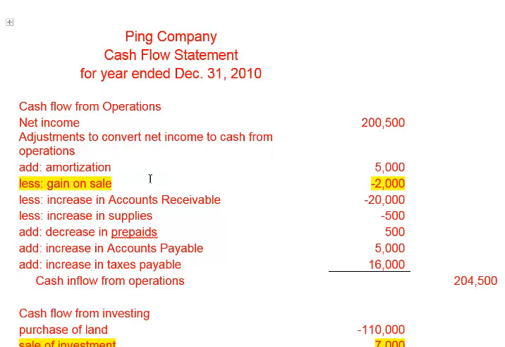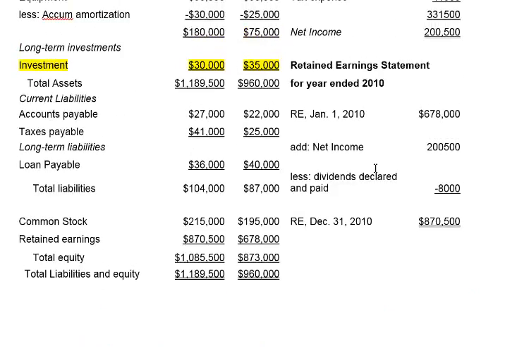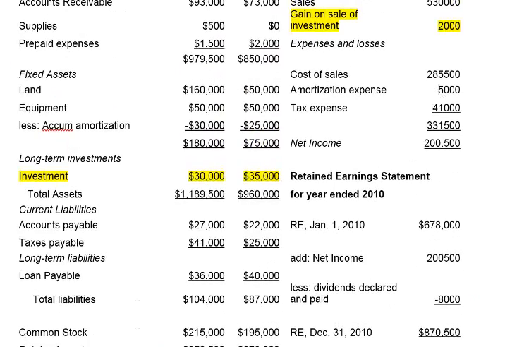We have amortization or depreciation expense, and if you check your income statement, we have that at $5,000. We've also got this gain on the sale of investments, which we know is non-cash. Any gain or loss, whether it's from a sale of investments, equipment, anything like that, we have to adjust our accrual-based net income calculation, and we have to adjust this gain by deducting it, because we want to convert it to the cash basis.